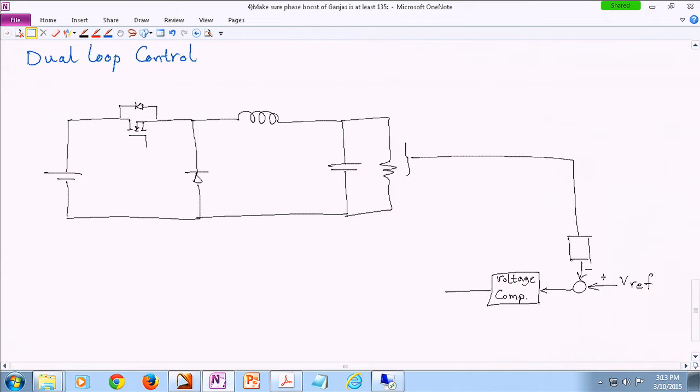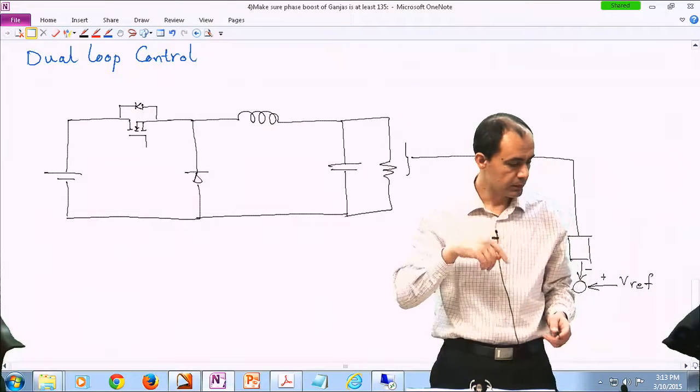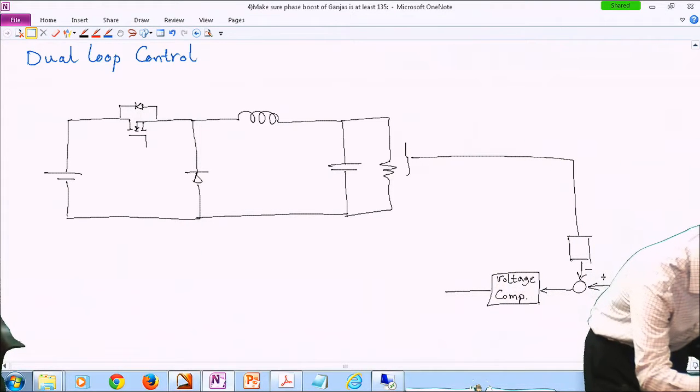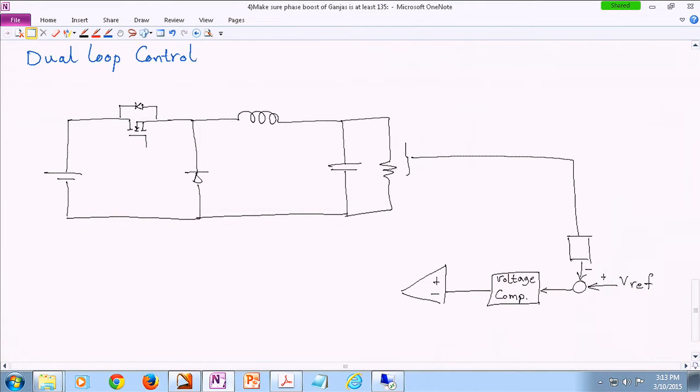Before, in the voltage mode control approach, or the single loop control approach, we would apply this to the PWM block. Now we are going to do it a little bit differently. We are going to compare this with the current of the inductor. Then we use a set and reset latch.